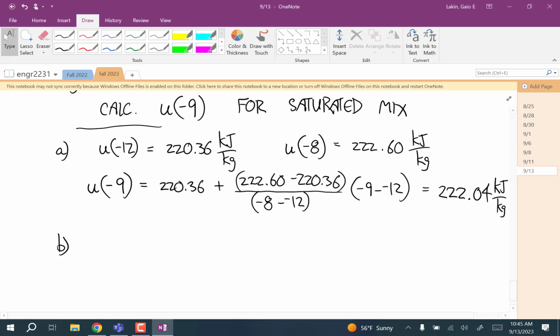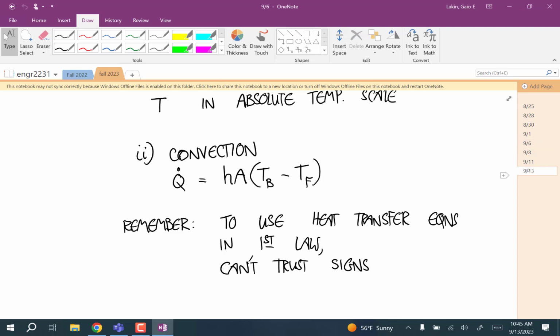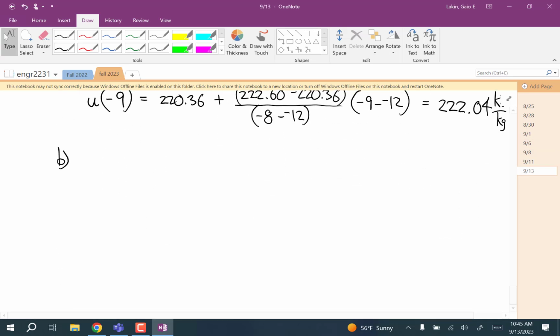The equation says that the total specific internal energy is equal to x times the specific internal energy for the gas plus 1 minus x times the specific internal energy for the liquid.